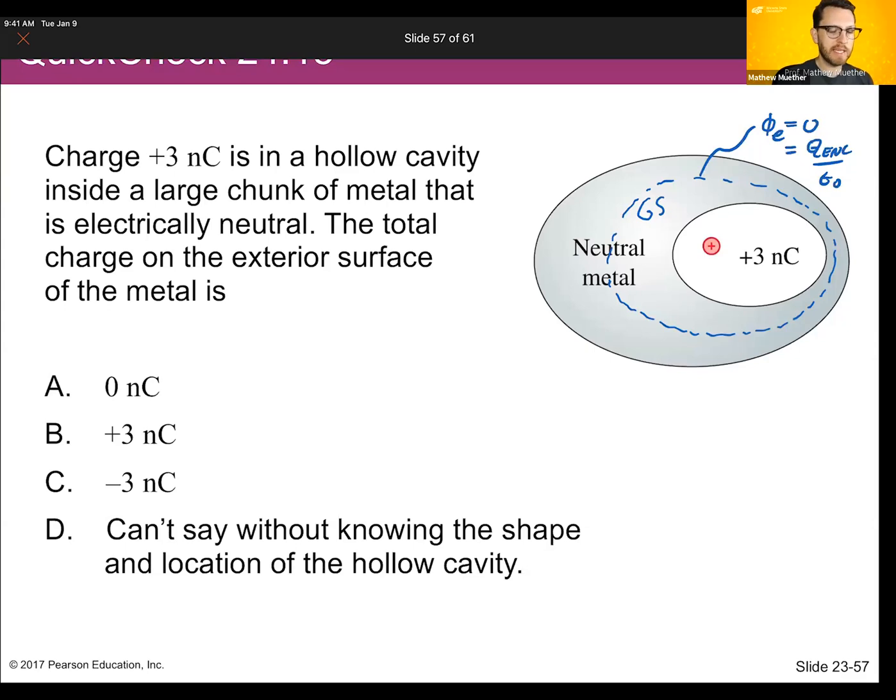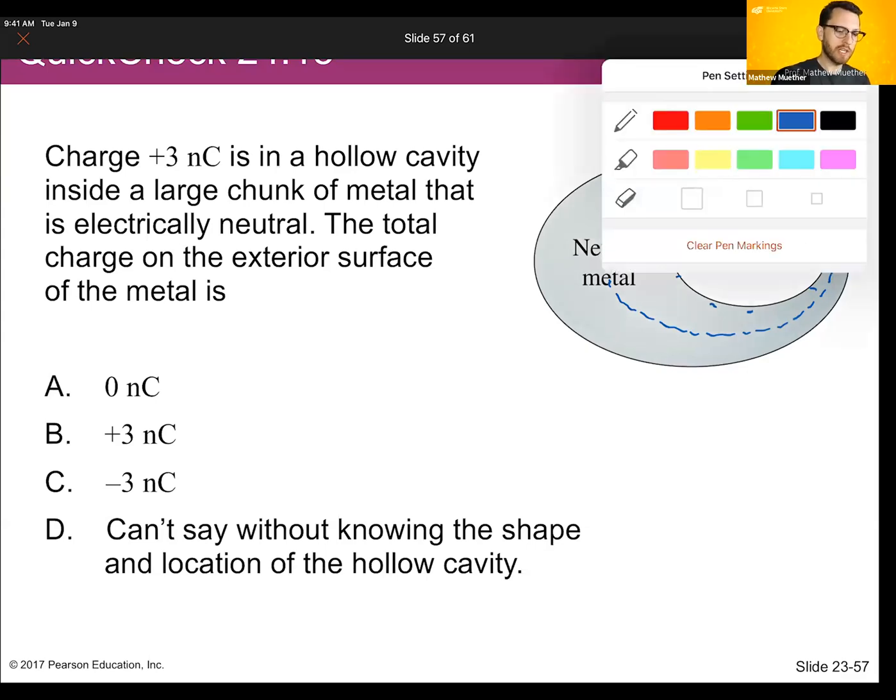So that means I see a positive 3 nanocoulombs of charge inside of my Gaussian surface, and in order to get 0 total enclosed charge, I'll need there to be some negative 3 nanocoulombs of charge built up on the conductive surface inside of that cavity. But this was a neutral object originally, so the excess charge has to go somewhere.